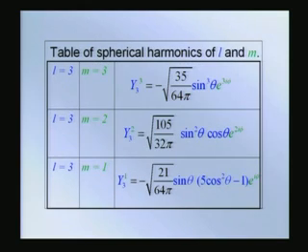But let me go up and tell you that for m equal to 3 you have sin cube theta e to the 3i phi, m equal to 2 sin square theta cos theta e to the 2i phi. So the m's are reflected by the exponents in the exponential of i phi, 2i phi, 3i phi, etc.